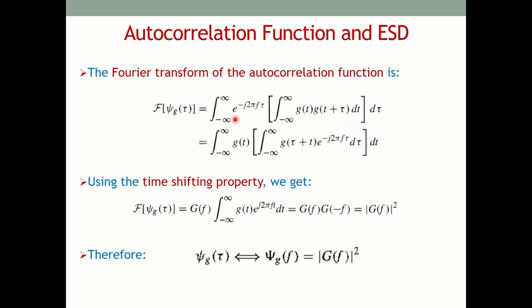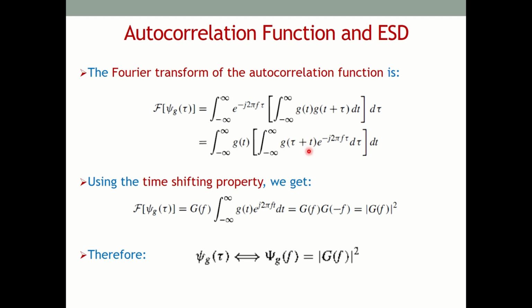We are taking the Fourier transform, so it's e to the power minus j2πf tau. The variable of integration is d tau. After we rearrange it, we can take out g(t) and bring this exponential term inside, with the variable d tau. dt is written outside, so the term in the bracket is now a Fourier transform of g(tau) that is shifted by an amount of t.